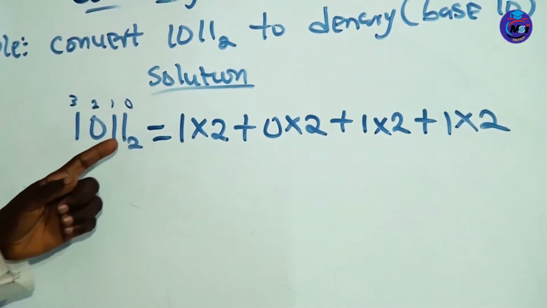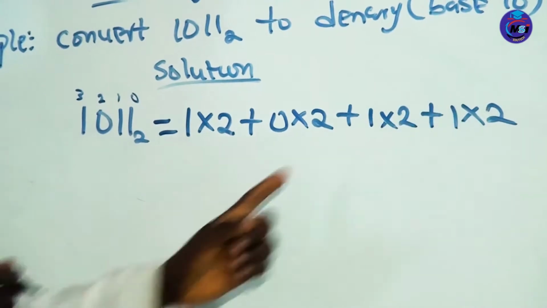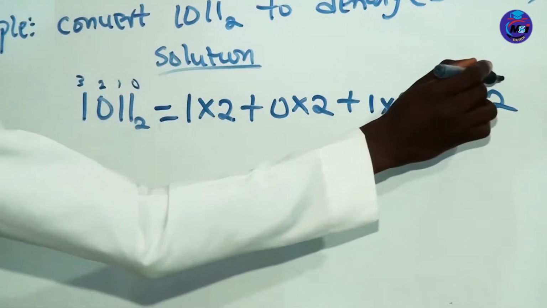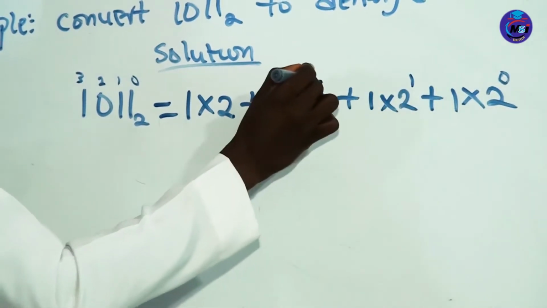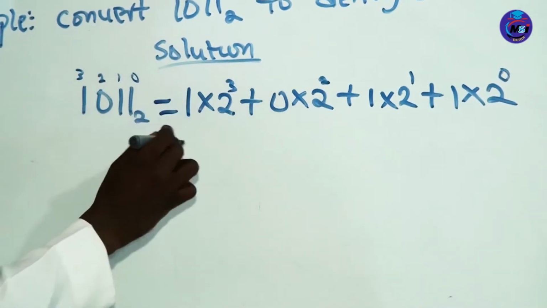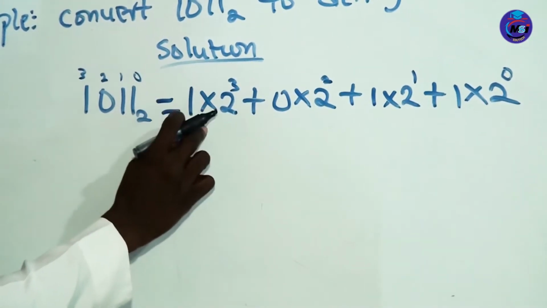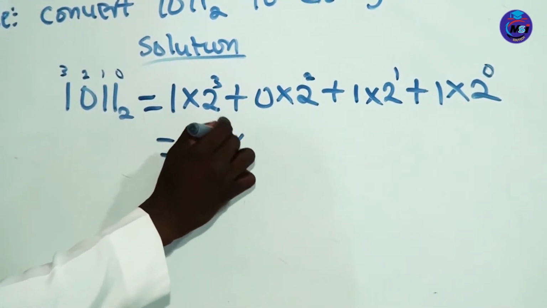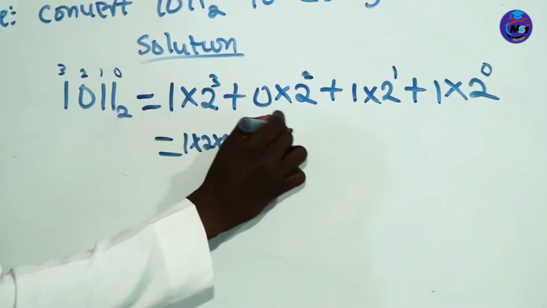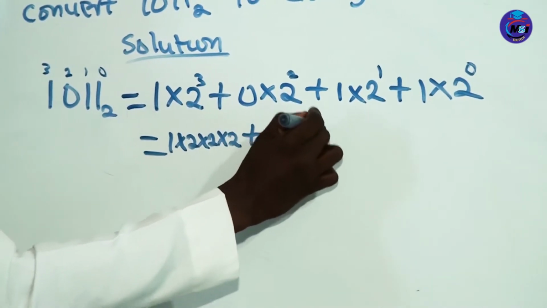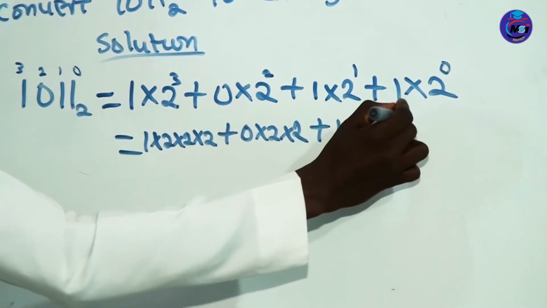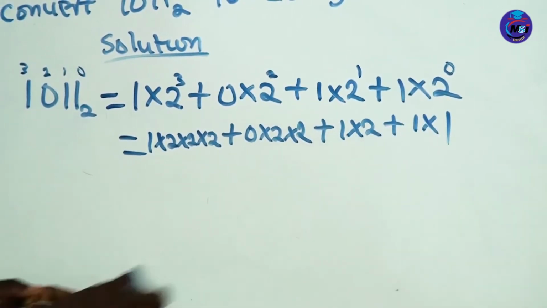Now on top of these 2s, we are going to put the values 0, 1, 2, 3. Now this will give us 1 times 2 times 2 times 2, plus 0 times 2 times 2, plus 1 times 2, plus 1 times 1.